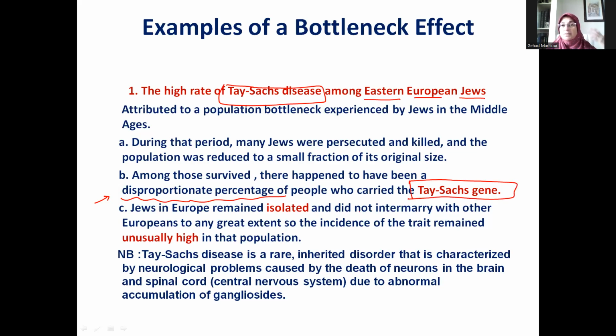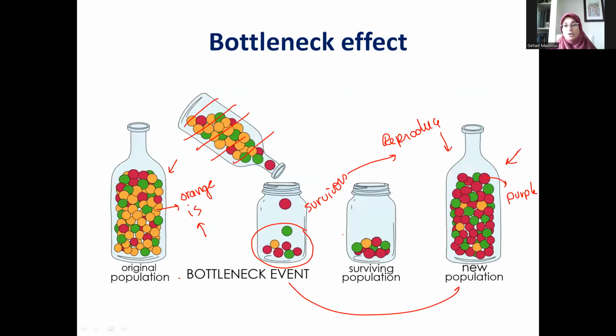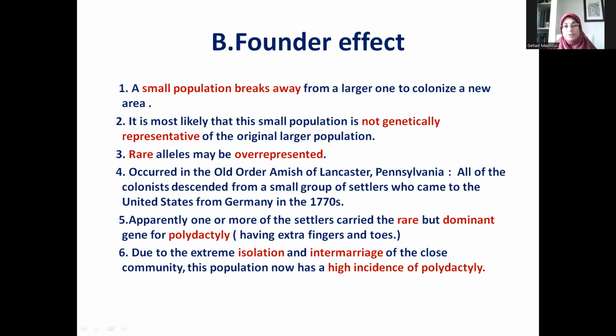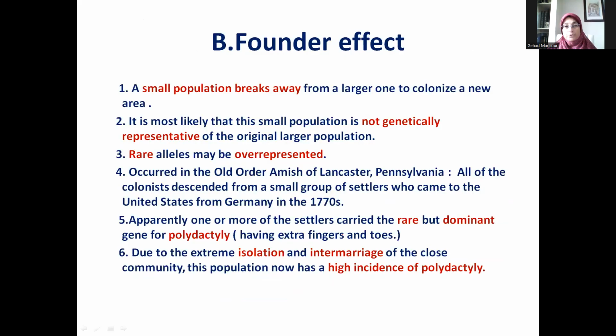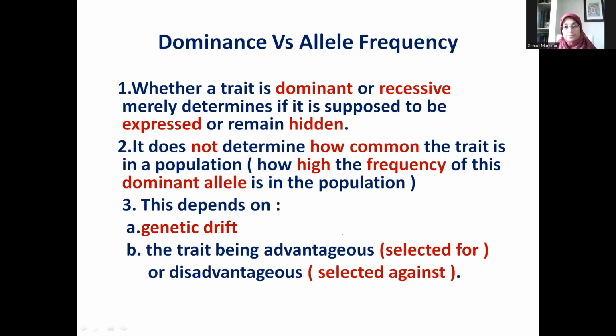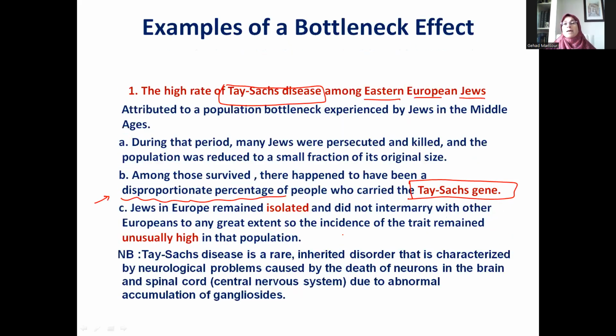And the Tay-Sachs disease is a disease of the neurons that is characterized by deposition of certain chemicals in the brain, and those chemicals were called gangliosides, and those gangliosides result in impairment. They are not supposed to accumulate in the brain.